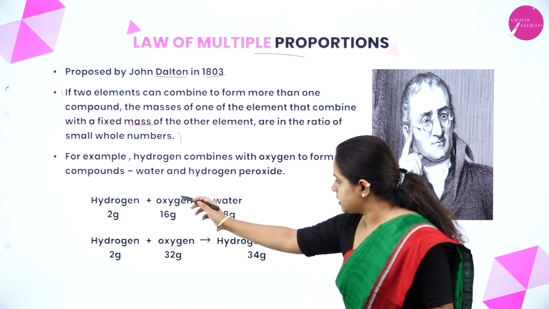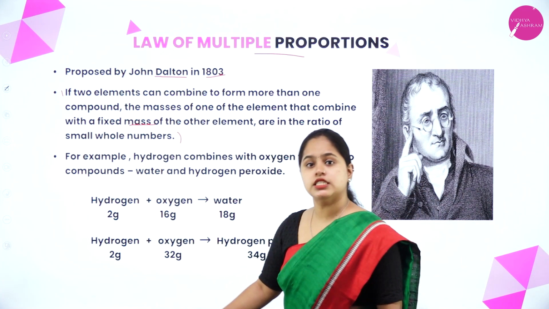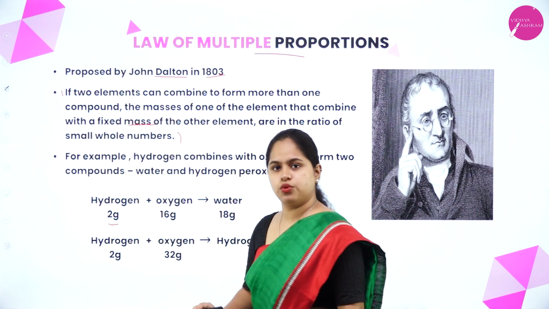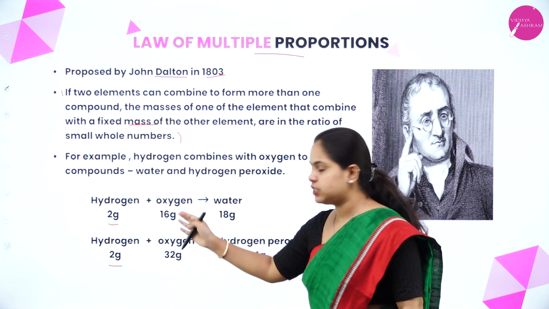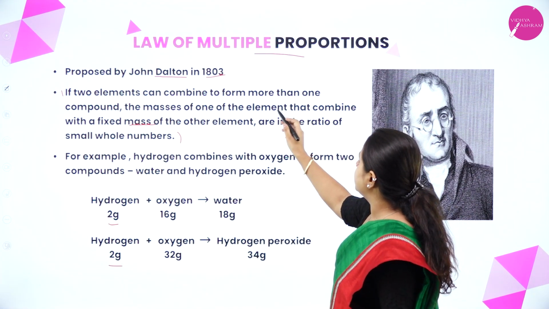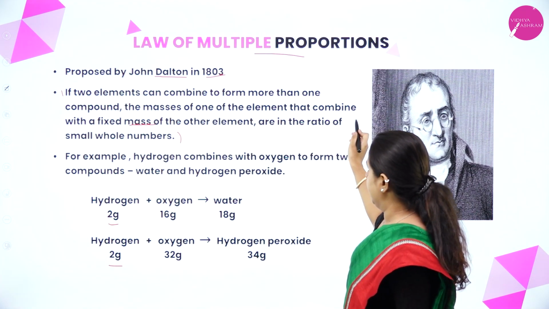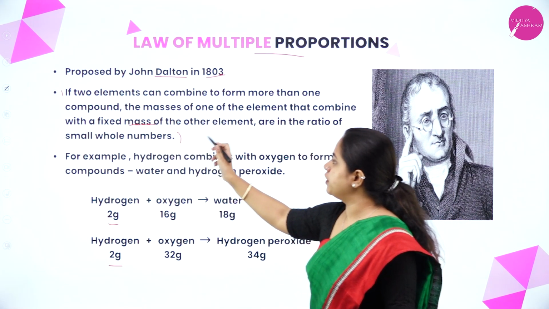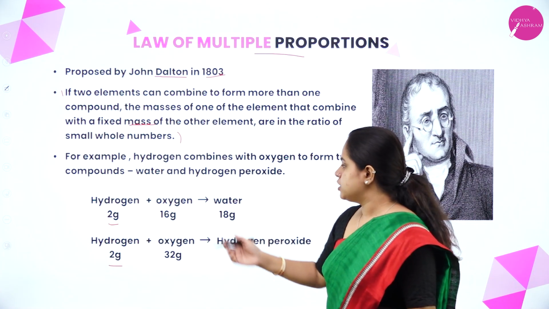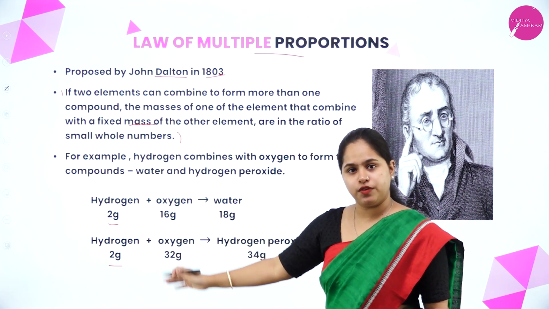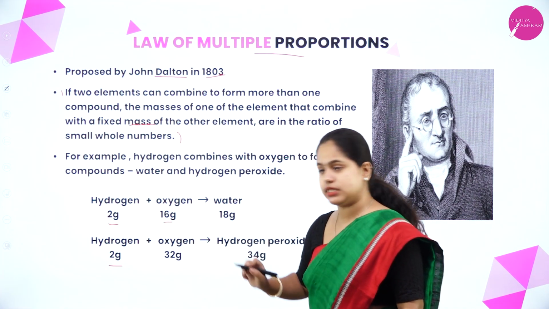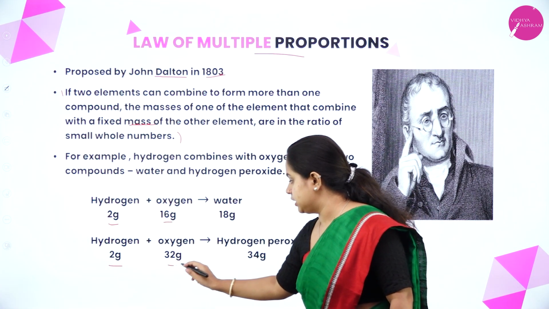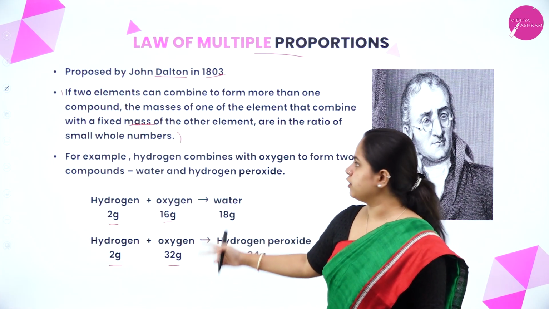You can see the mass of hydrogen is fixed here. Here also it is 2 gram, here also it is 2 gram. So, the mass of the oxygen in here is 16 gram and here it is 32 gram, right? So, there is a difference.